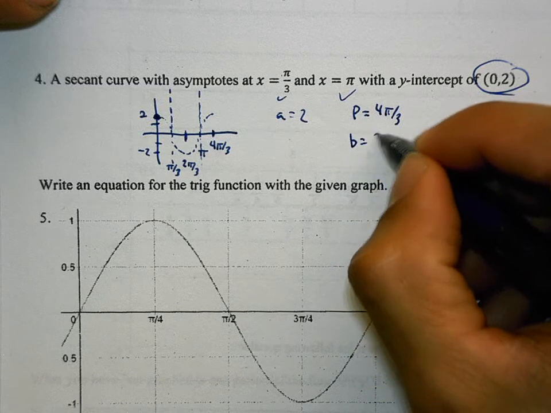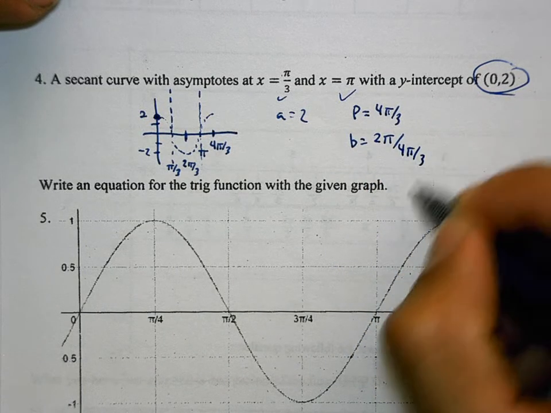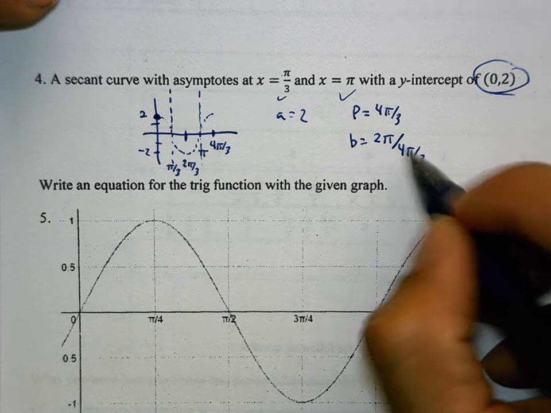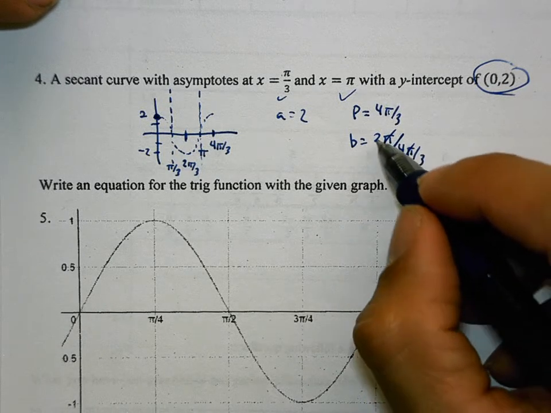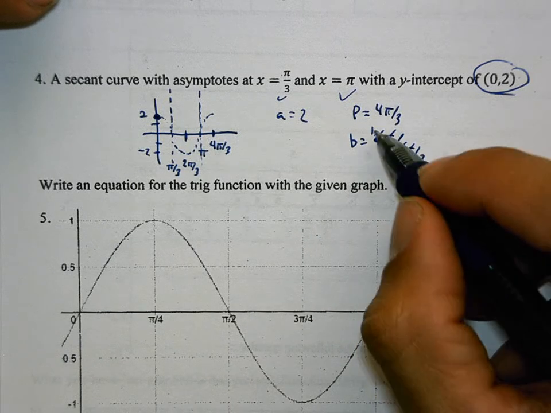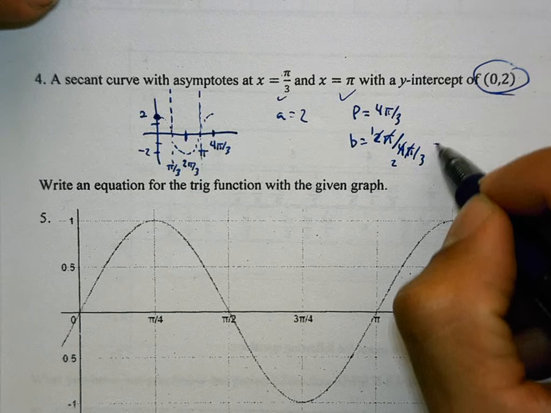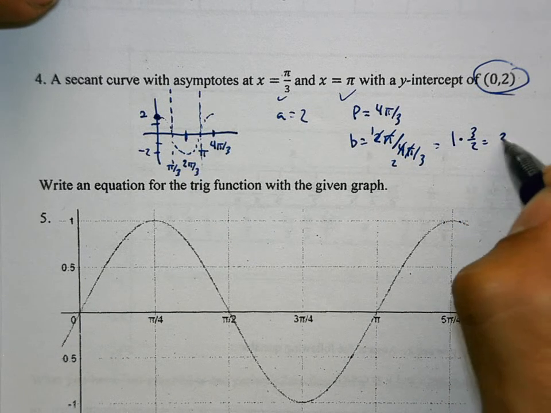If I want to know what the B value is, I use my formula 2 pi divided by B. Got a fraction over a fraction. I've got to be careful here. Pi divided by pi, 2 divided by 2 divided by 3. 1 divided by 2/3 is 1 times 3 over 2.